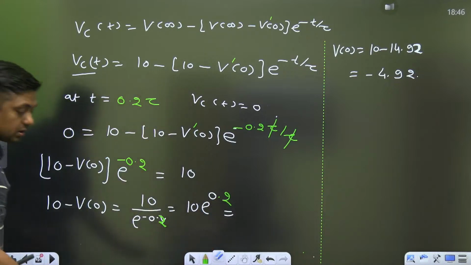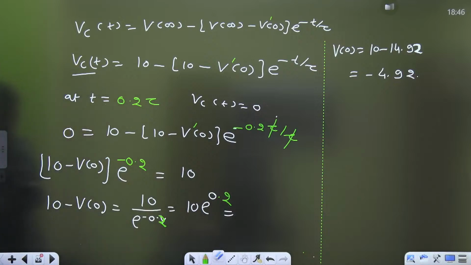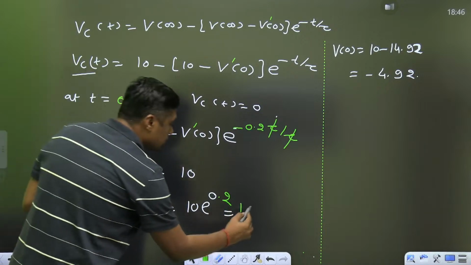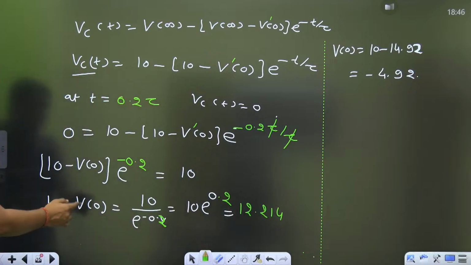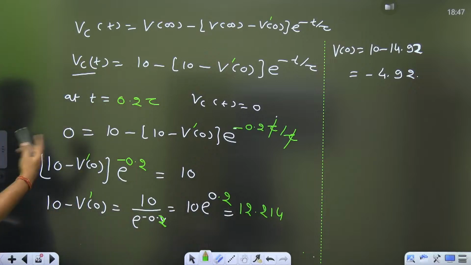Now e raised to power 0.2 is 1.22, into 10, it will become 12.214. Now what is V dash 0, in the second case?